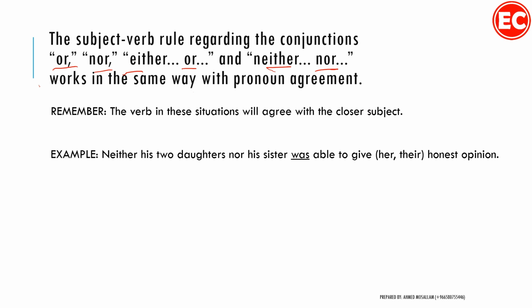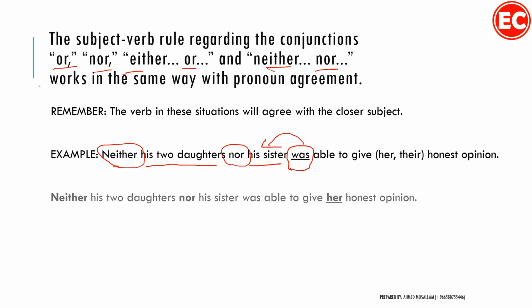We have two subjects, his daughters and his sister. Here we had was. Why? Because the verb relates to the subject which is closer to it, the second one. Remember that you must have nor in this case, because if you have neither without nor, it's going to be singular all the time. So was is singular because of sister.